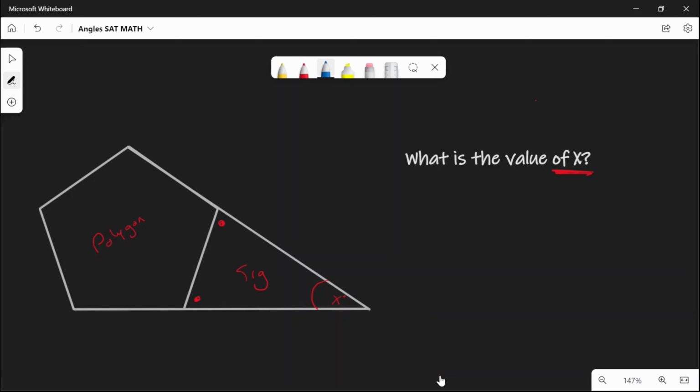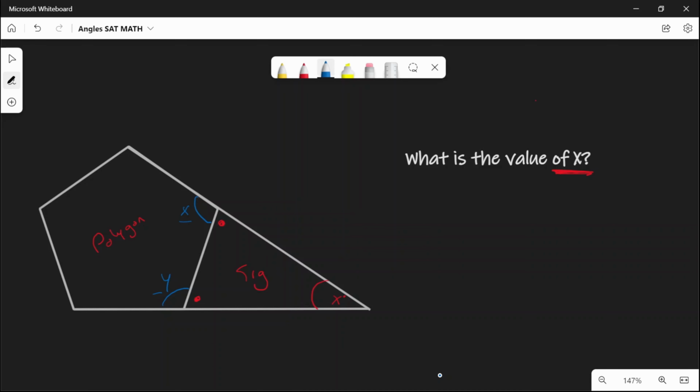And in order to know the values of each of these angles, we should know the value of the angles that reside on the same base. Let's say angle x and angle y.